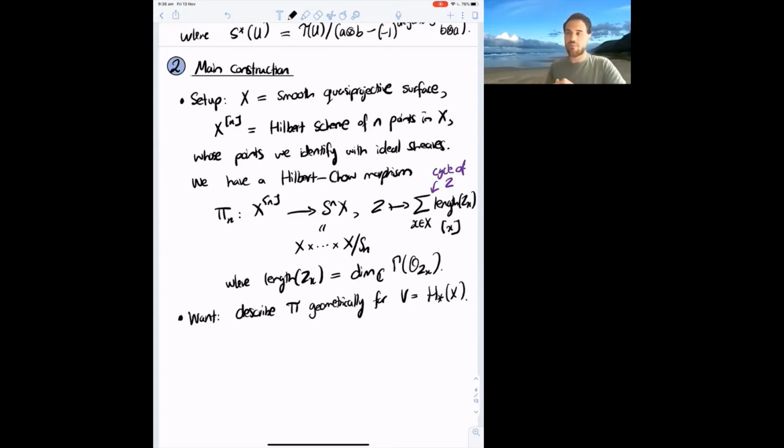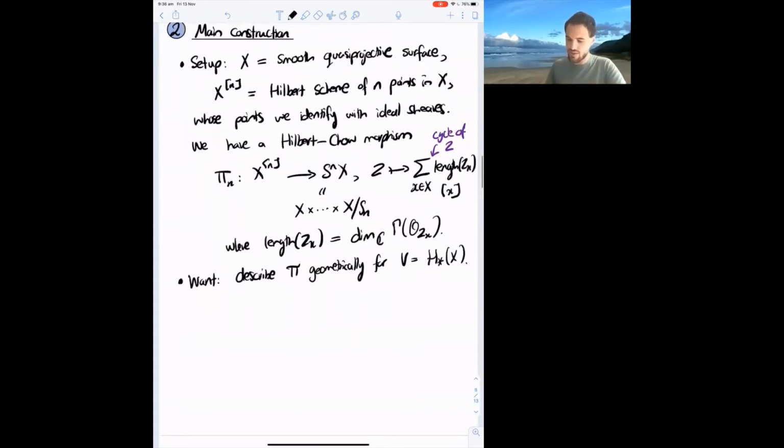And so we're going to define such operators in this way, and thereby get a representation of the Heisenberg superalgebra. So to begin that process, you have to define the correspondences. So that will involve defining certain subvarieties of things we're interested in.